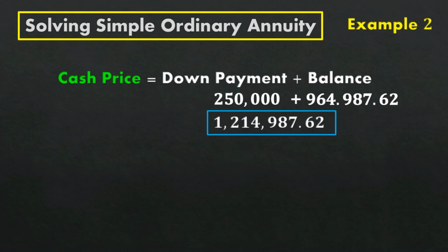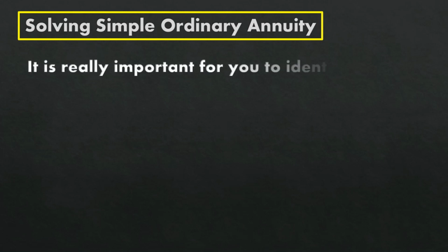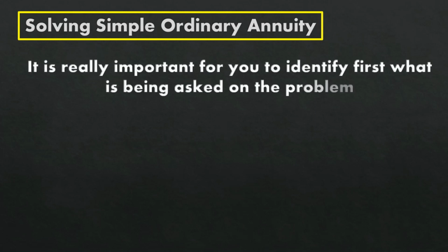So if you want to get the cash price of our car after 7 years, instead of the present value, you look for the future value and add that to the down payment. Important notes before solving a simple ordinary annuity: it is really important to first identify what is being asked in the problem.